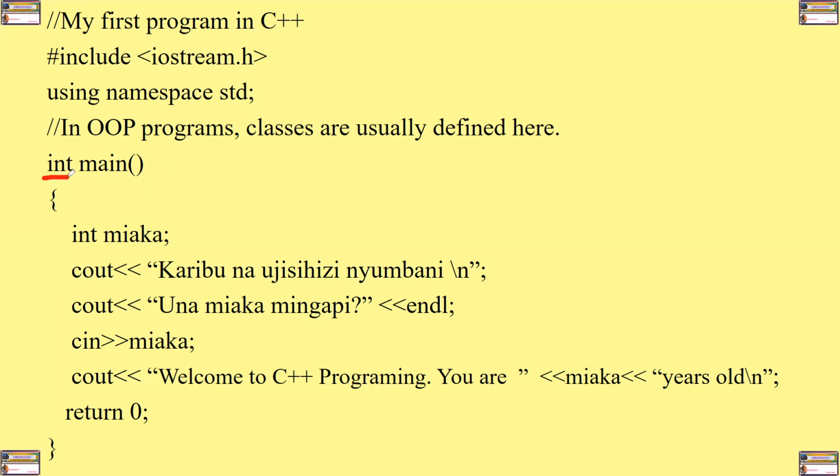And this thing is the return type. If the function main is supposed to return a value, like to the processor or the operating system, then you should always include the return type. So why do we have a return type?